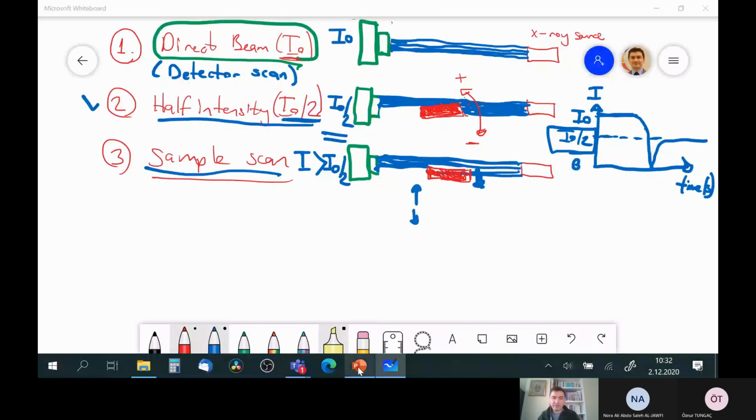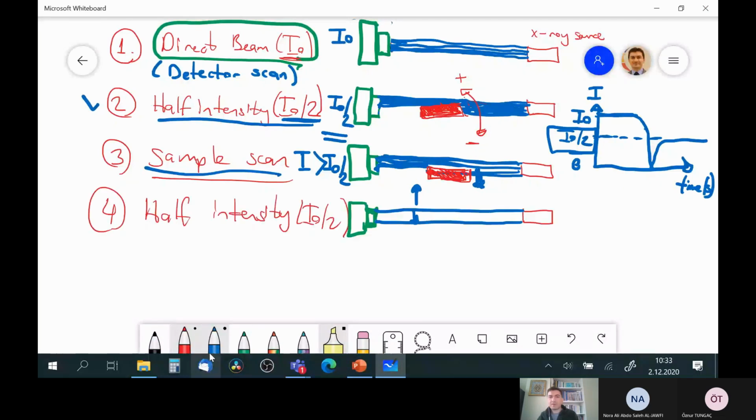So first step, find the half intensity again. We will move the sample up and down again, and we will look for the half intensity. We will repeat this second step. Then when we have the half intensity, let's say here we have the half intensity, you move the sample in, and then we cut the half of the beam. Now we have half intensity at the detector.